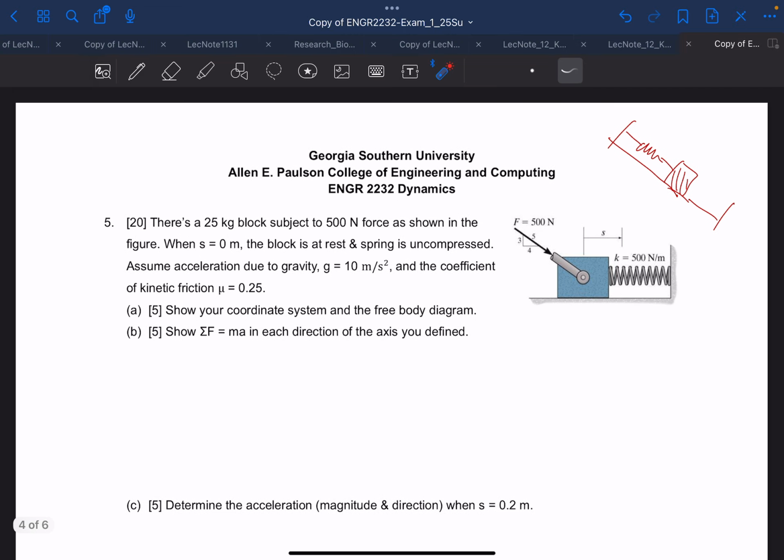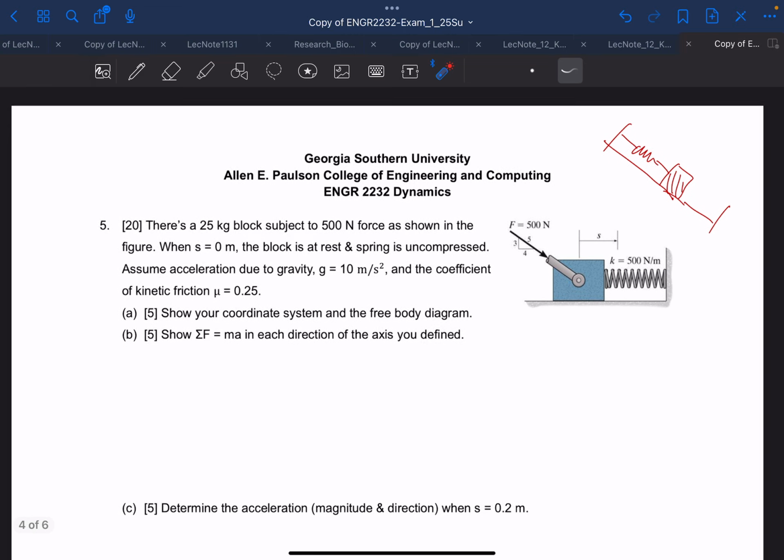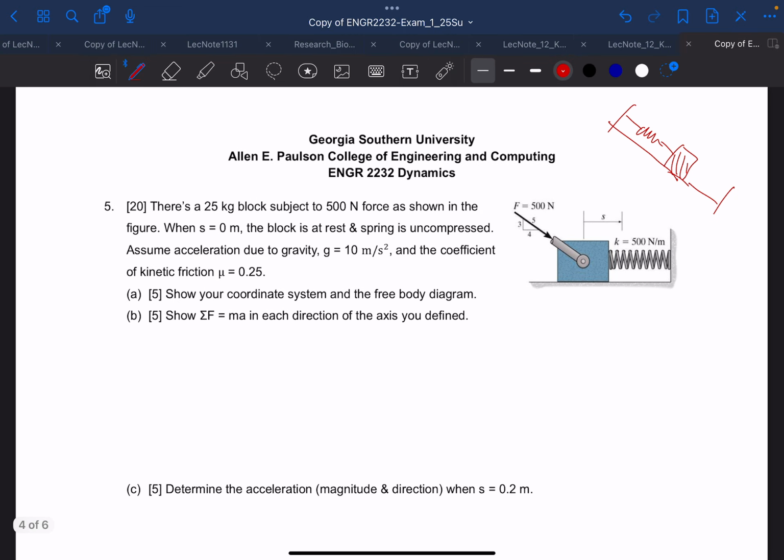So let's do these two first. The coordinate system is pretty straightforward. You can just use it like that, x and y, isn't it? That's straightforward. And then we can do the free body diagram, and let's draw it here like that.